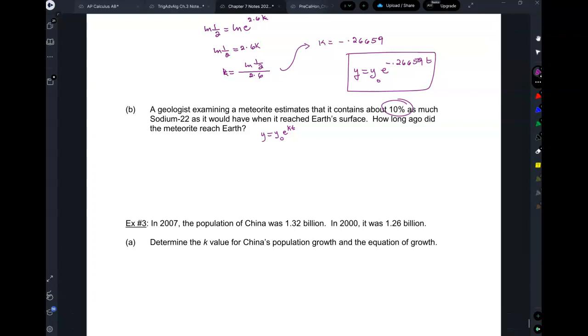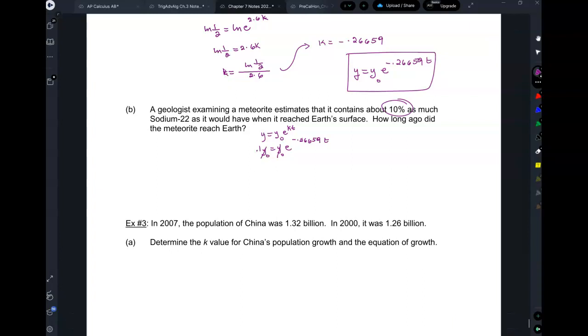If it contains 10%, right now it has 0.1 y naught, and initially it had y naught. E to the, what is k? Negative 0.26659 t. So this goes away.